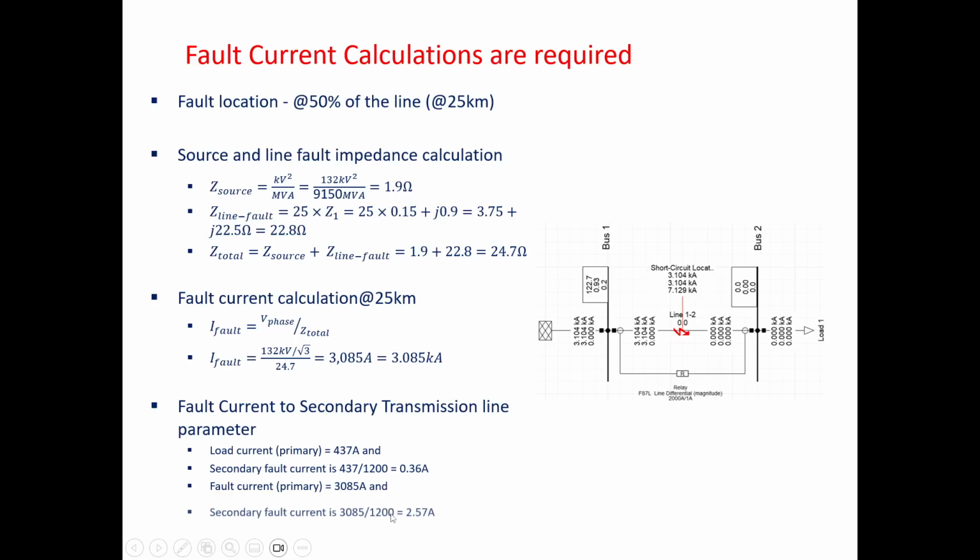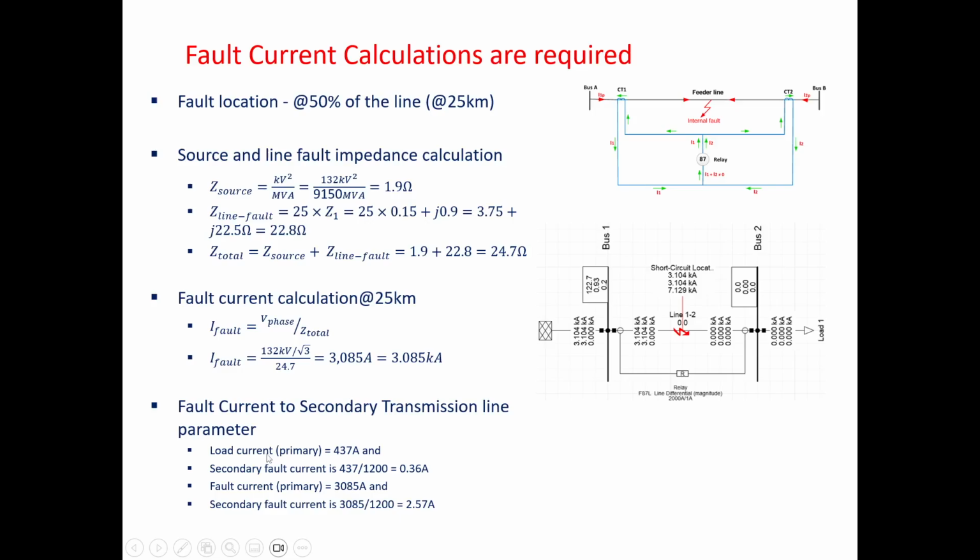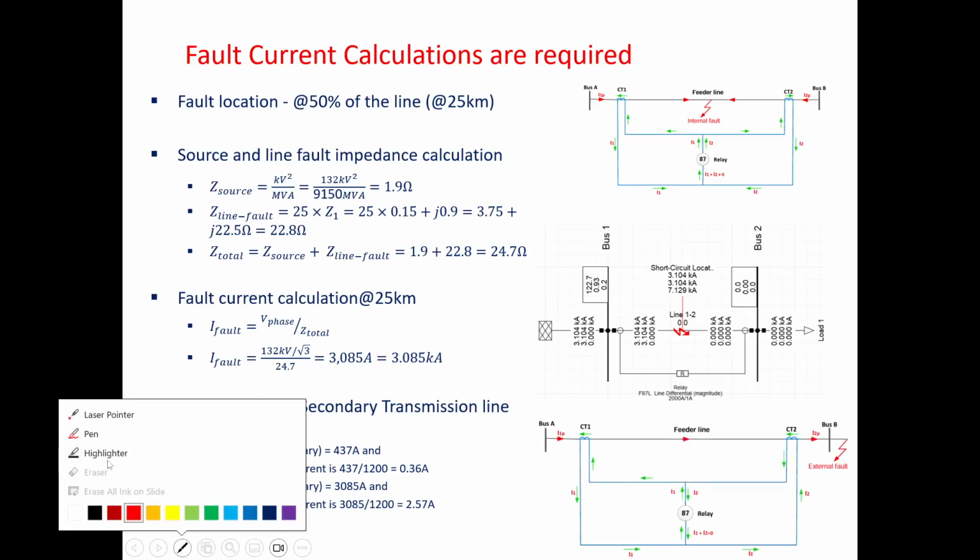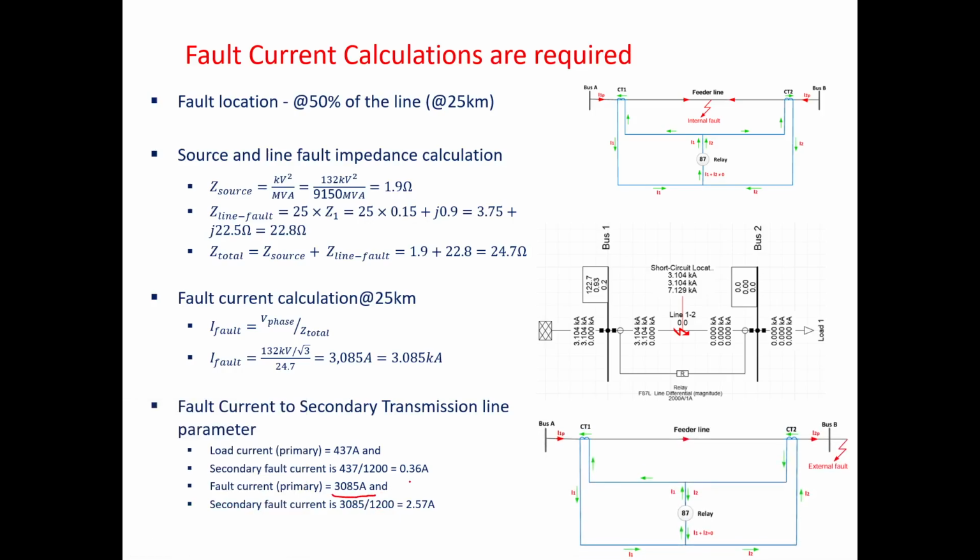If we convert it into secondary current, it is 2.57 amp. For example, the fault current divided by the nominal current, you can tell the ratio.